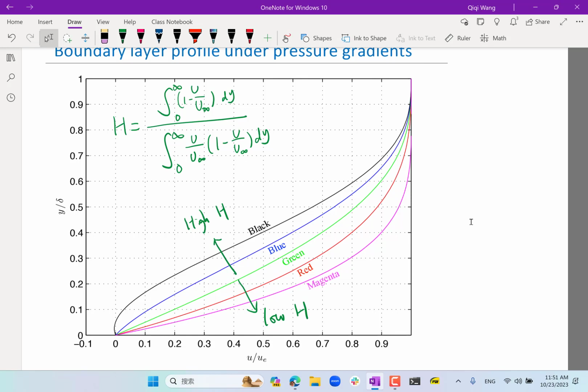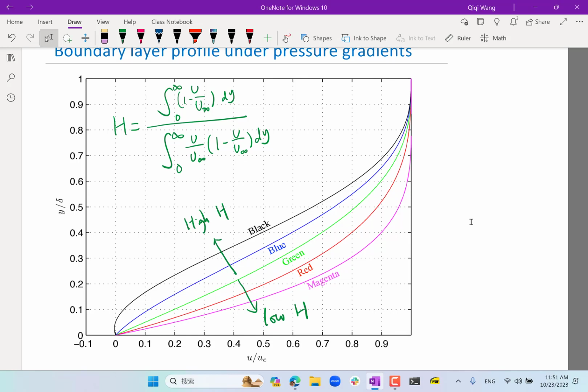So if you pick a layer, there are two surfaces, one below, one above, right? How do you compute the force on that surface? It's viscosity times velocity gradient, right? And now look at the black line. First look at the velocity gradient at the wall.